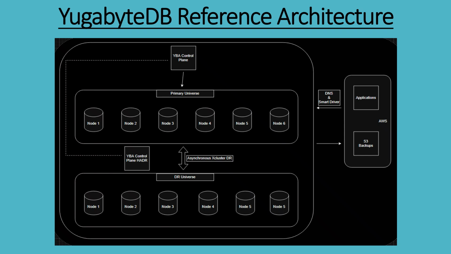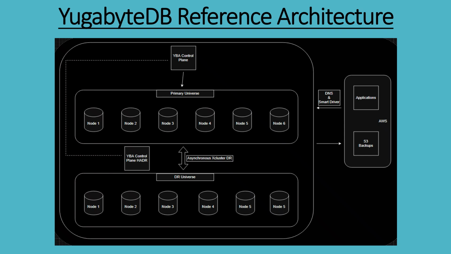So if node 1 has a tablet containing the data range of row 1 to 1500, that will be primary on node 1, whereas its followers will be on node 2 and node 3. It doesn't necessarily have to be node 2 and node 3, it can be node 4 and node 5. So at least any 2 other nodes should also host tablet 1.